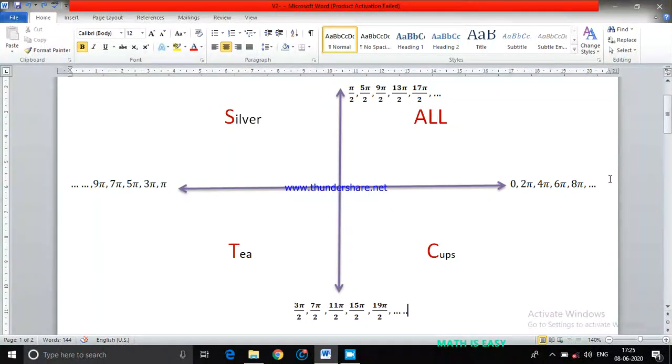Now how do I remember which value comes where? It's simple logic.